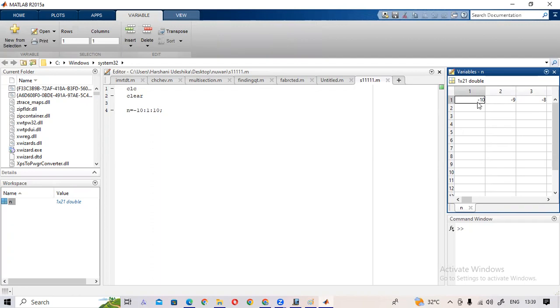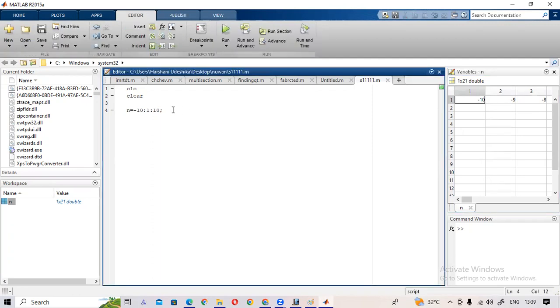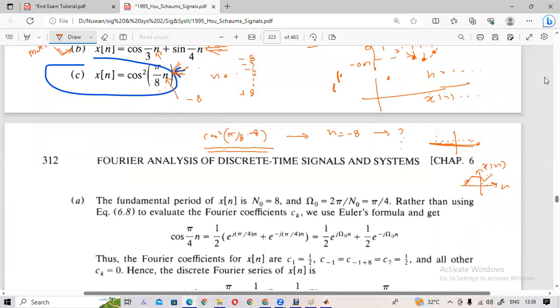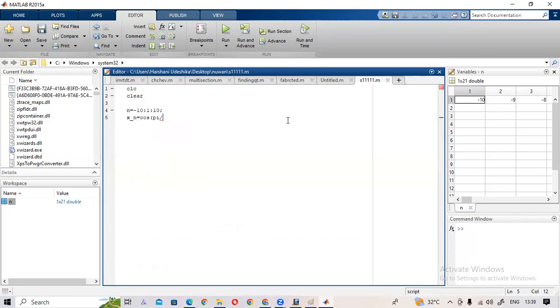Now the signal x[n] is given as cos square 5 by 8 multiplied by n.